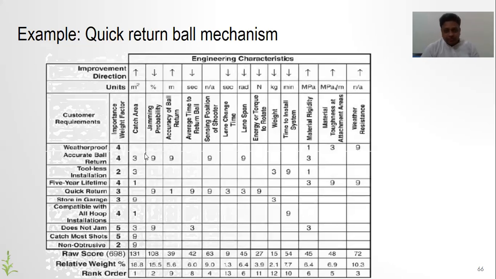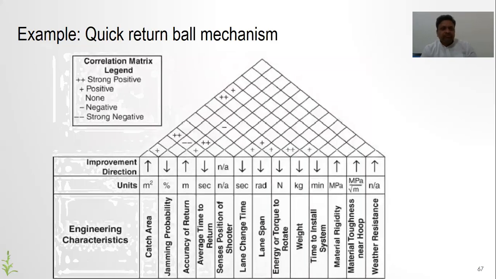These are the values based on the quick return ball mechanism. This parameter setting is a benchmark for that. So the raw score is here, relative weightage is here, and rank order is here. One of the references: quick return ball mechanism, house of quality, and its engineering characteristics.